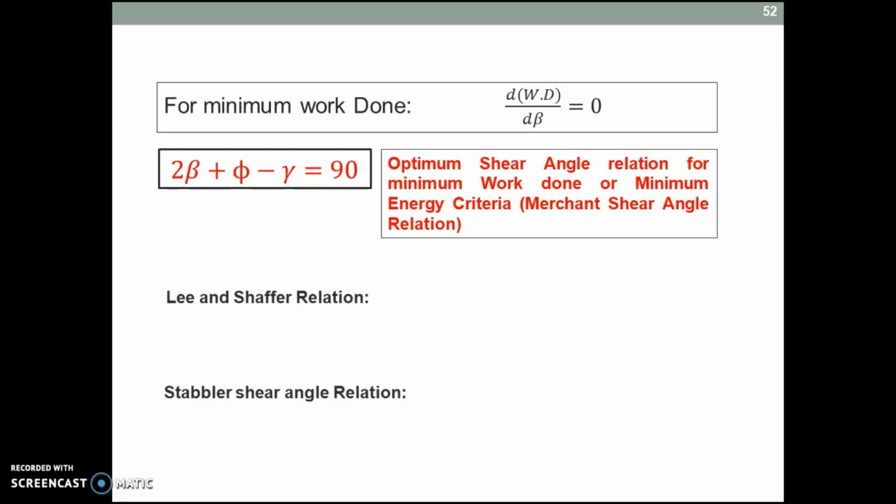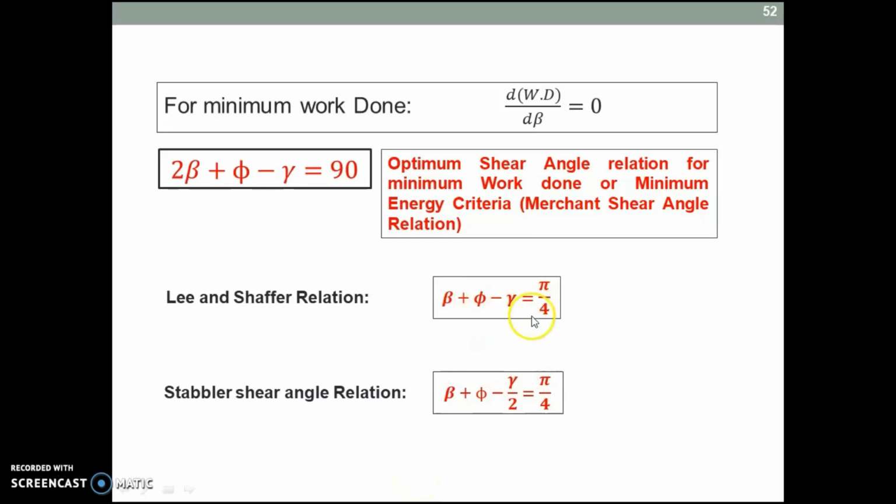So again, another two scientists, Lee and Shaffer, and Stabler, evaluated the Merchant shear angle relation. They did certain experiments, but they failed to prove the Merchant shear angle relation, and they derived two other relations, also called the Lee and Shaffer shear angle relation and the Stabler shear angle relation. After experiment, they got β + φ − γ = π/4, the Lee and Shaffer shear angle relation, and Stabler: β + (φ − γ)/2 = π/4.